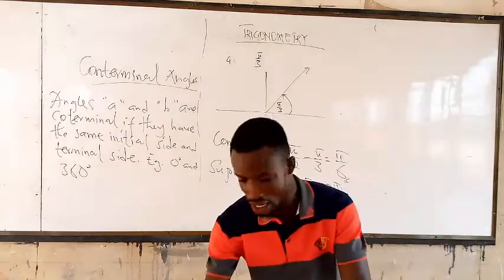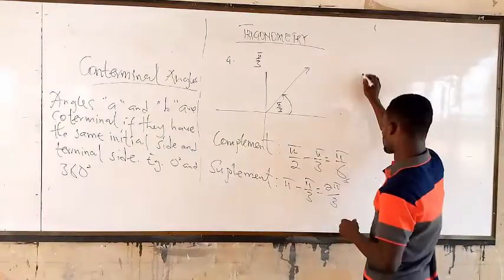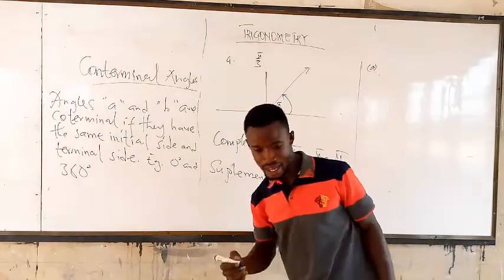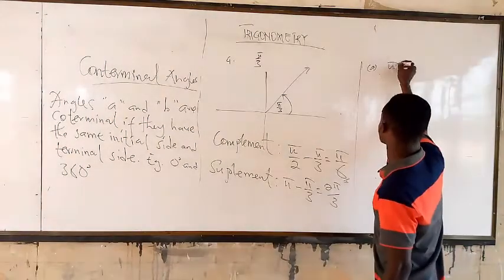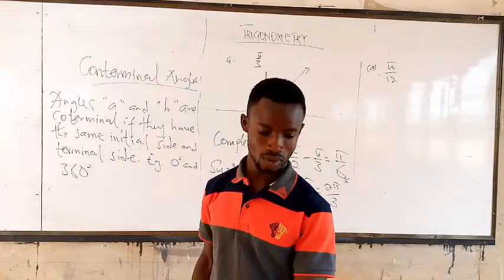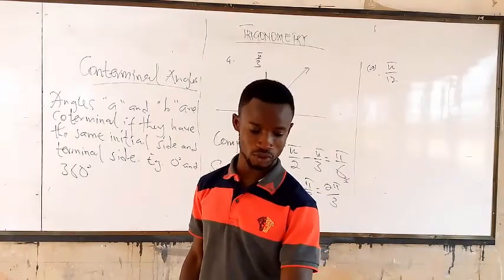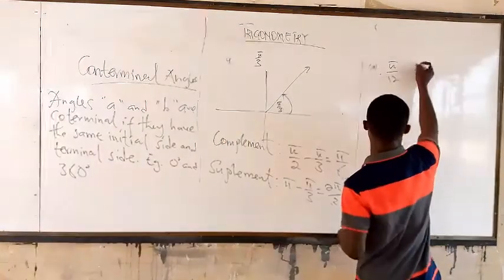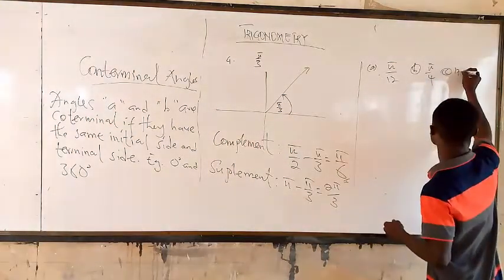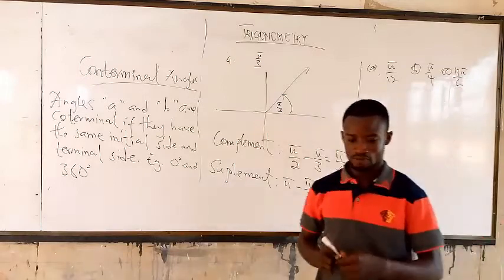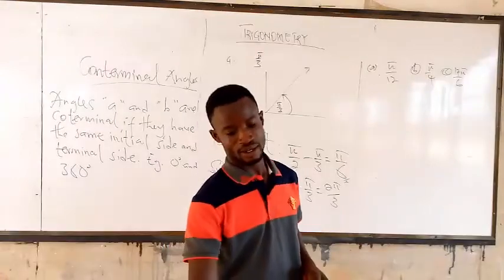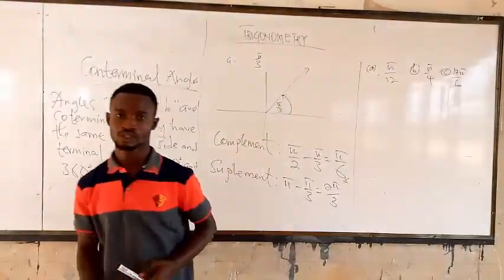A is pi over 12. B is pi over 4. And C is 17 pi over 6. So try out on it.